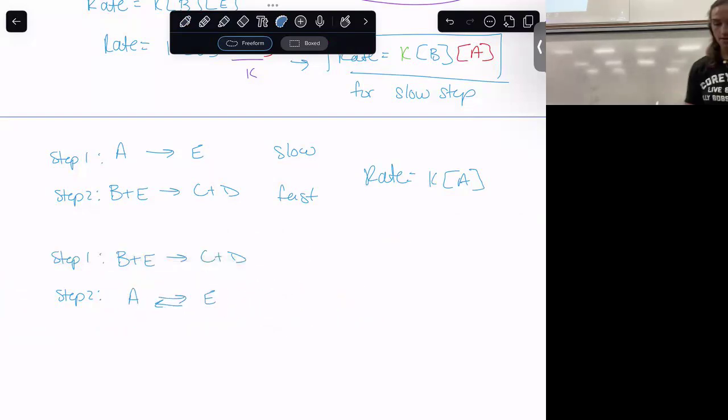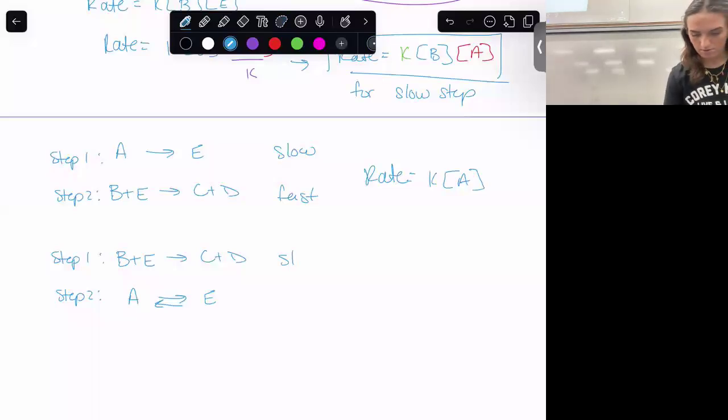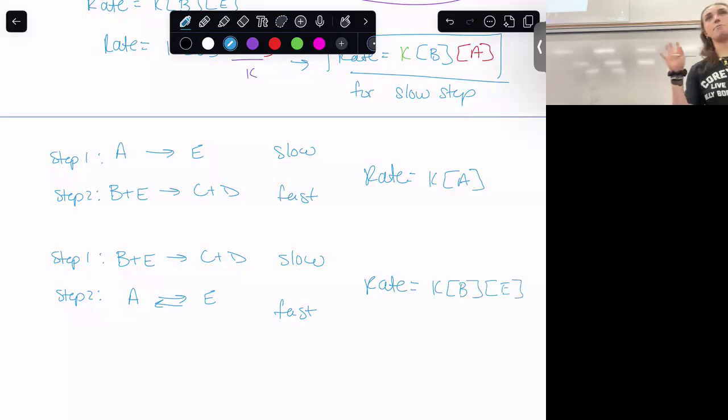Say it was that instead, and this was slow, this was fast, then your original rate law, rate equals k times B times E, you can stop there.